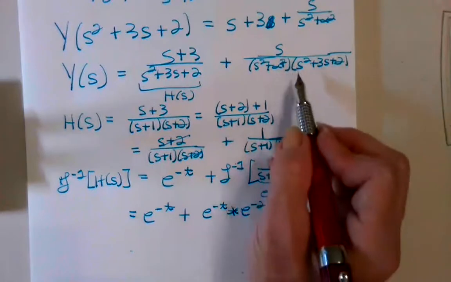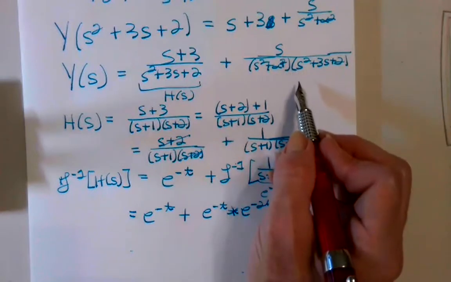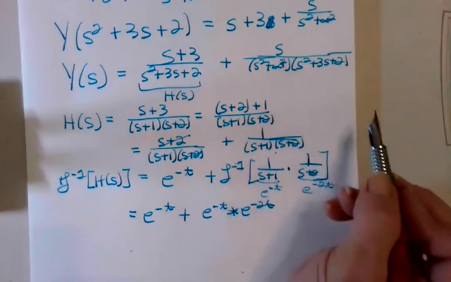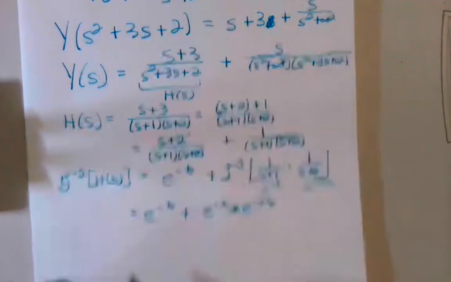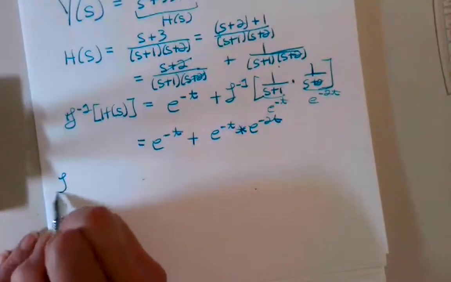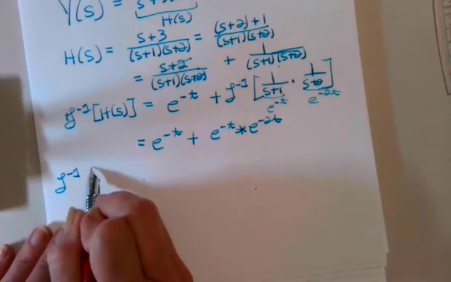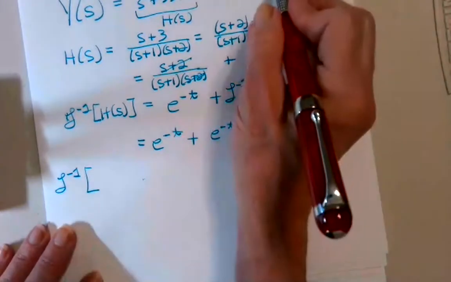Now, what about the second piece? Now we have to look at that piece. So now to invert, we want to take L inverse of the second one there.